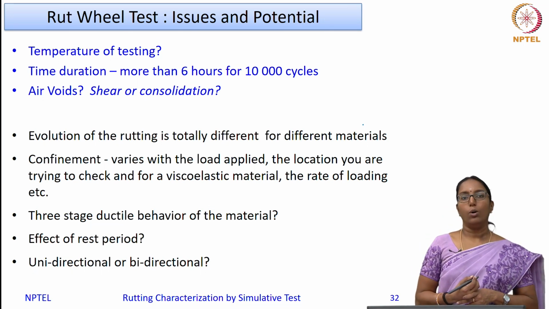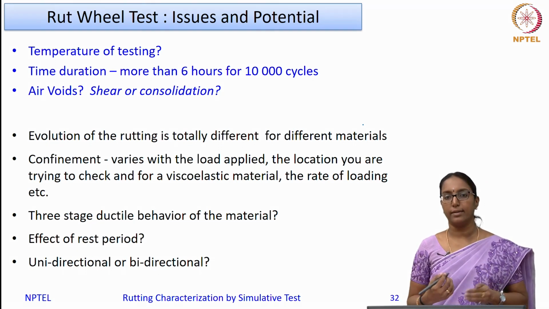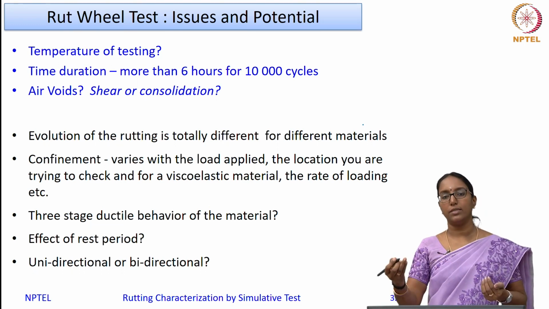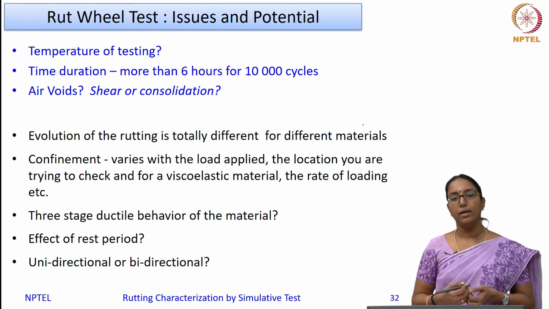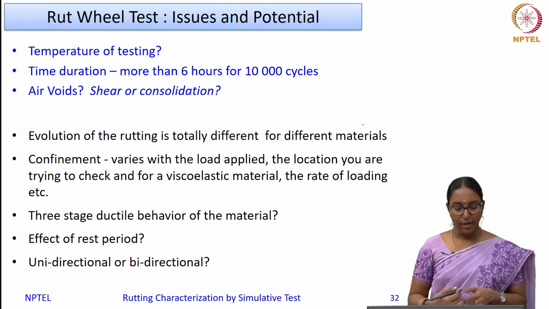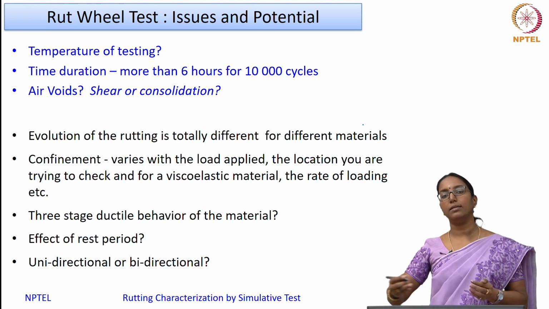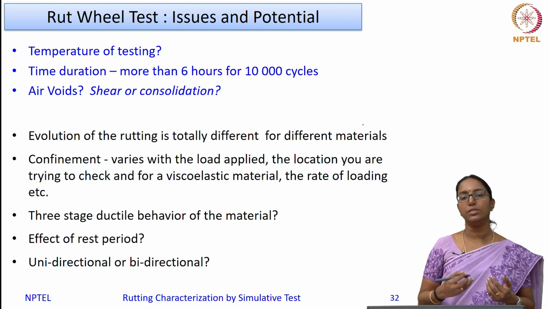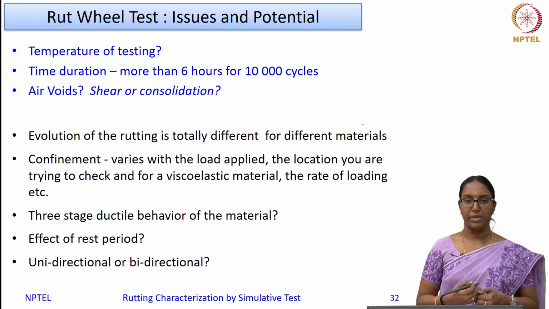Now what is important is that, as I said, rutting is a very ductile phenomenon which goes through a primary stage, a secondary stage and a tertiary stage. Now this evolution of rutting will be different for different materials and you should be able to capture this. But what we have observed in the sample data that I have shown you is that even when you have extended it to 15,000 cycles, you are not able to see a definite primary, secondary or tertiary kind of behavior.